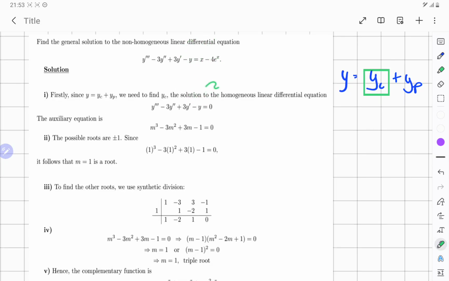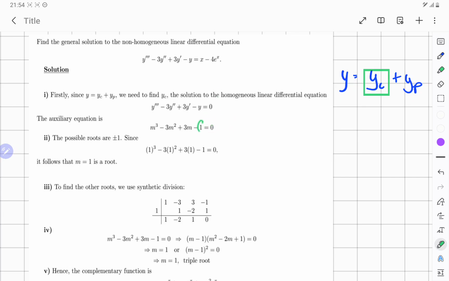Just remember, for the complementary function, you will let the right hand side be equal to 0. As you can recall, we will find the auxiliary equation or characteristic equation. The third derivative is equivalent to m cubed, second derivative m squared, first derivative m, and y is just 1, so that we have our characteristic or auxiliary equation.